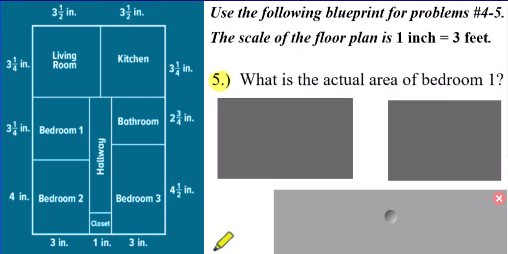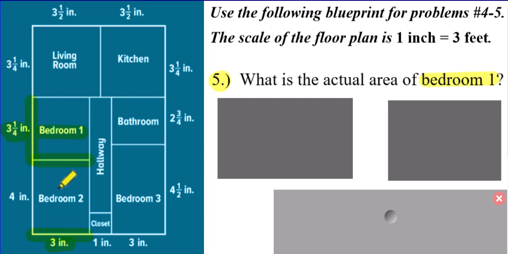Problem number 5. This time you have to find the actual area of bedroom 1. Bedroom 1 is here. We can see it's 3.25 inches long. How wide is it? Oh, the width here would be the same as the width down here. So that's where I get the width.